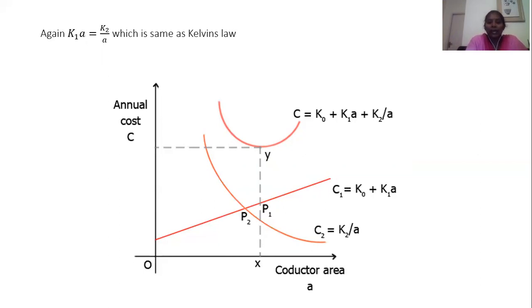XY gives the minimum annual cost, and OX gives the area of cross section. Here we include the total annual cost by considering the supporting structure cost as well as the insulator cost.